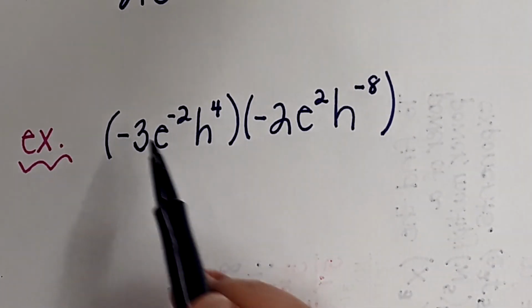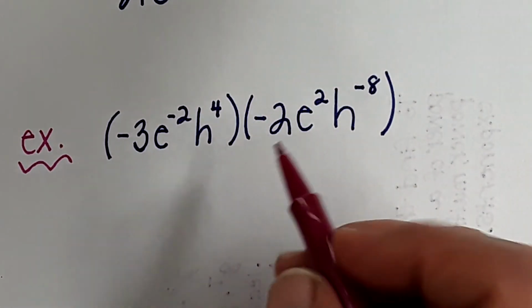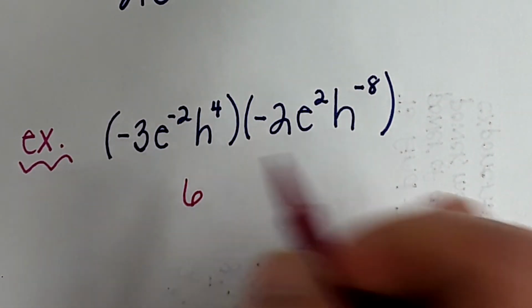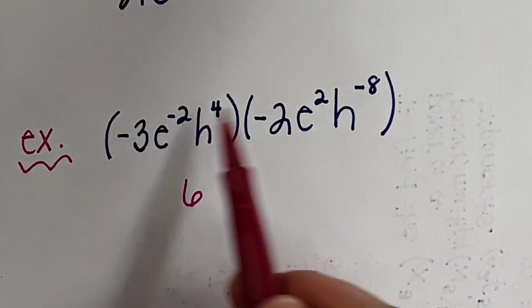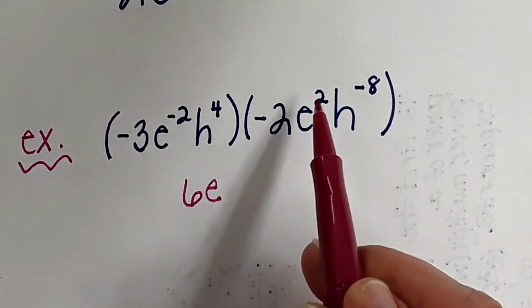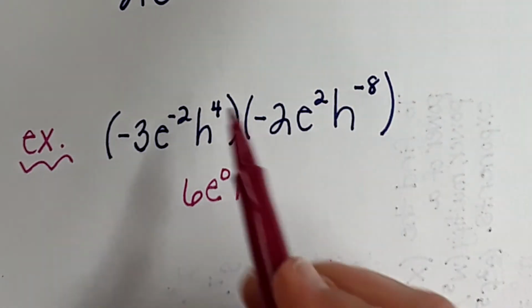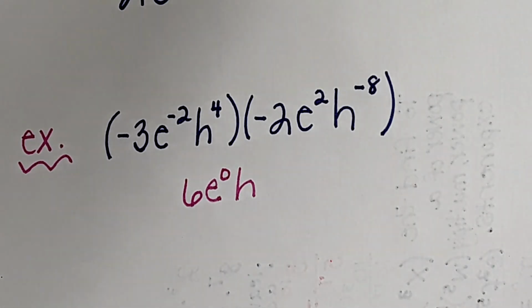What are we doing with the negative 3 and the negative 2? What is negative 3 times negative 2? What do we do with the negative 2 and the 2 on the E? What's negative 2 plus 2? What's 4 plus negative 8?